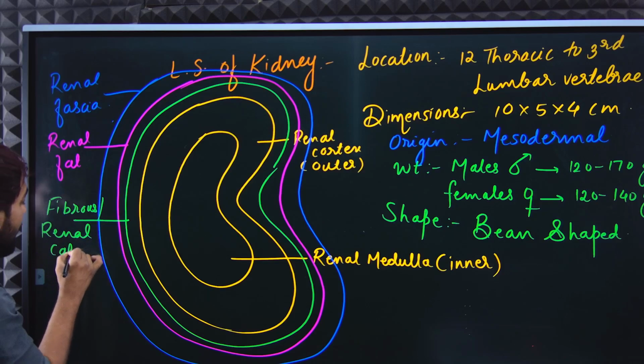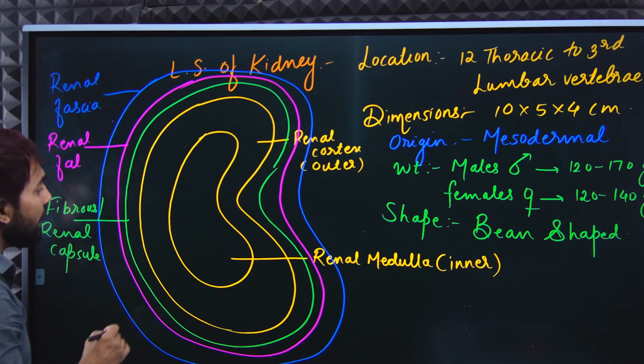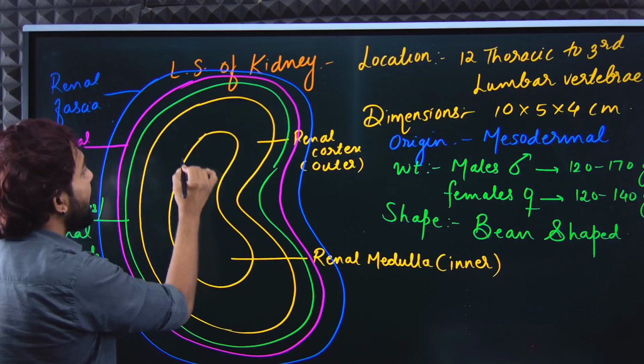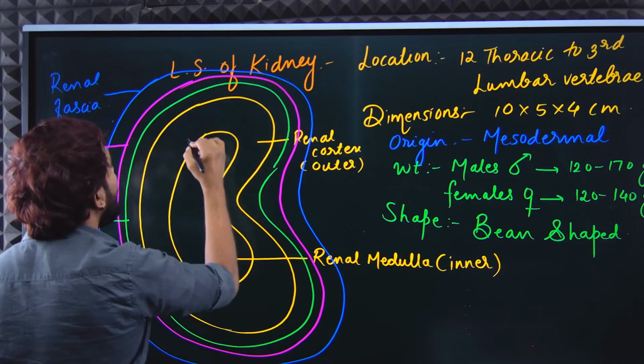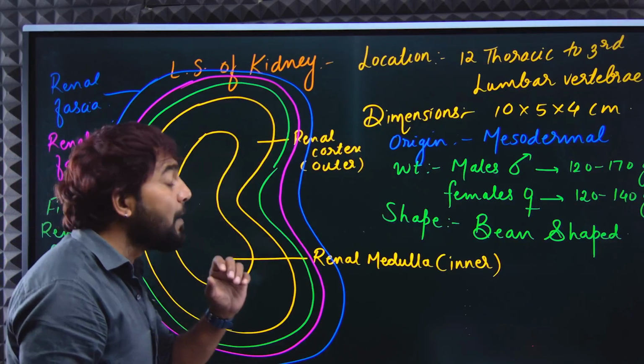Now this entire area is the renal cortex area, and this inside area is renal medulla.